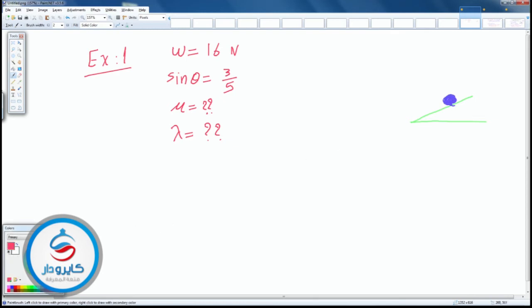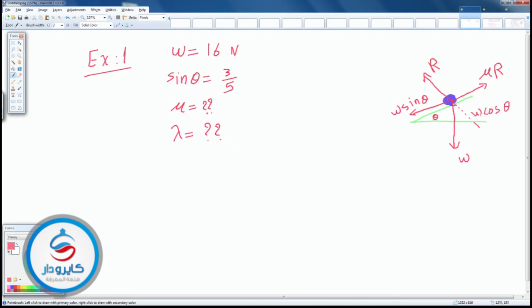Now we have to draw: this is theta, this is the weight, and this is the normal reaction. The problem said that the body will move under the effect of its weight only, which means it is sliding downwards. This is W sine theta, and this is mu R. Now we have W cosine theta.